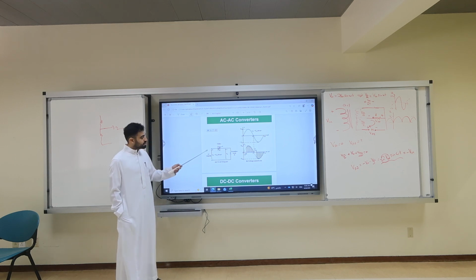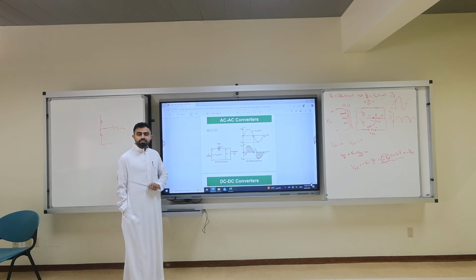Well, a triac is similar to a thyristor, but the gate would allow control in both directions. You can have two diodes together with a gate.